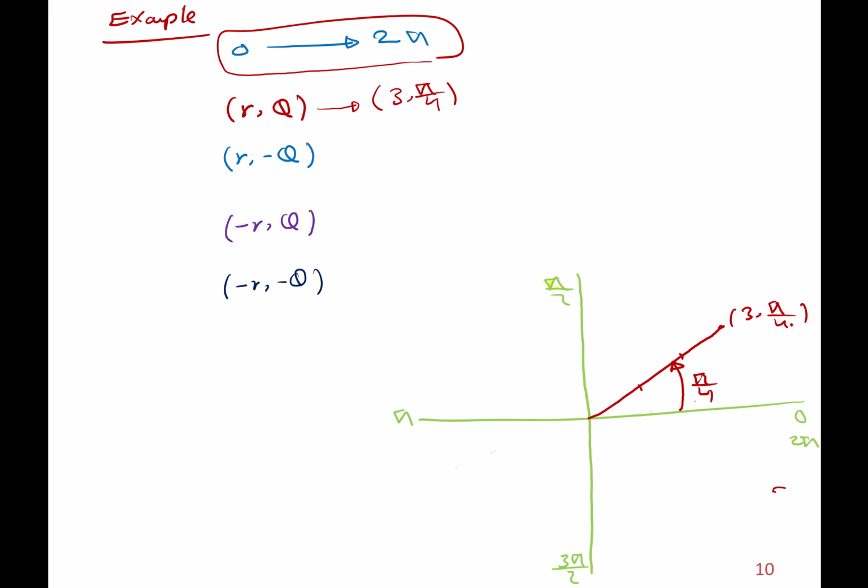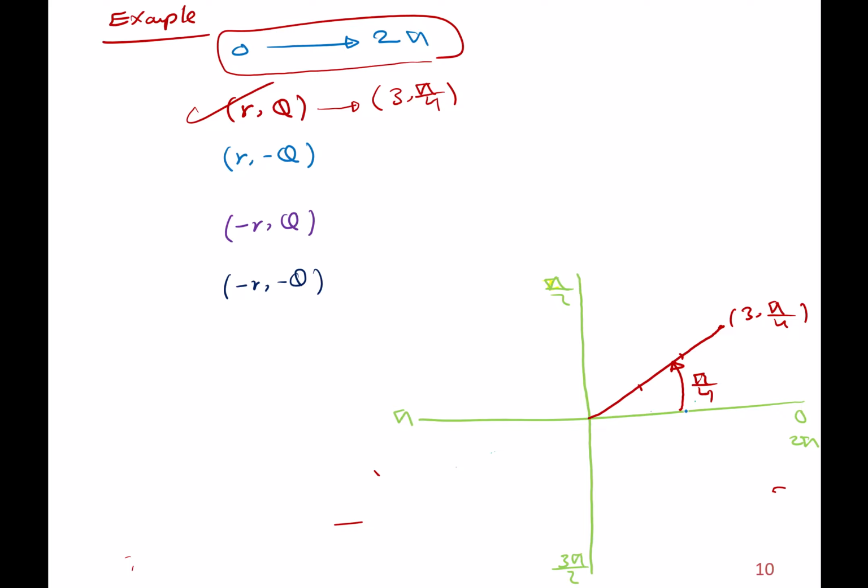For the second one, how to go to the same point? This is very easy. For the second one, which is r and minus theta, how to locate this point, which is r positive but theta negative, and it's going to the same point?